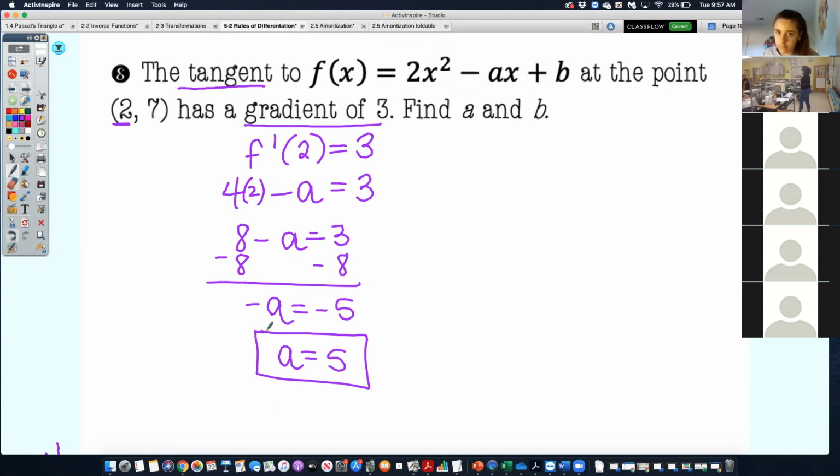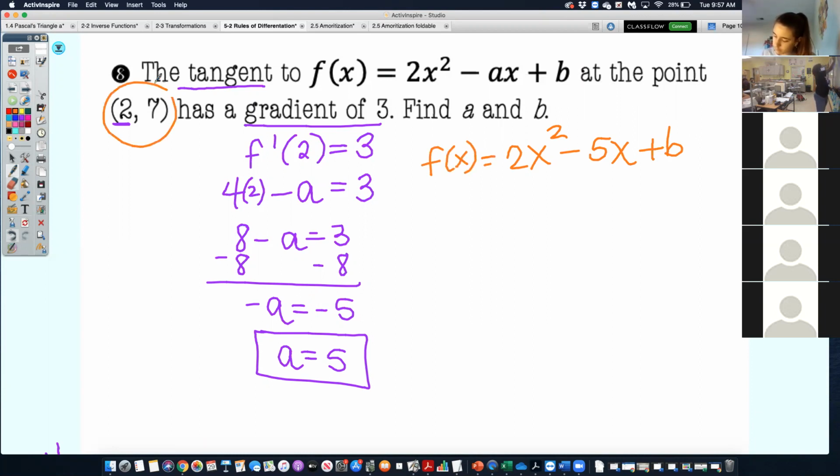And now that I know that a is 5, how can I find b? Plug into the original equation. I can plug in the x and y of the point that was given to me.